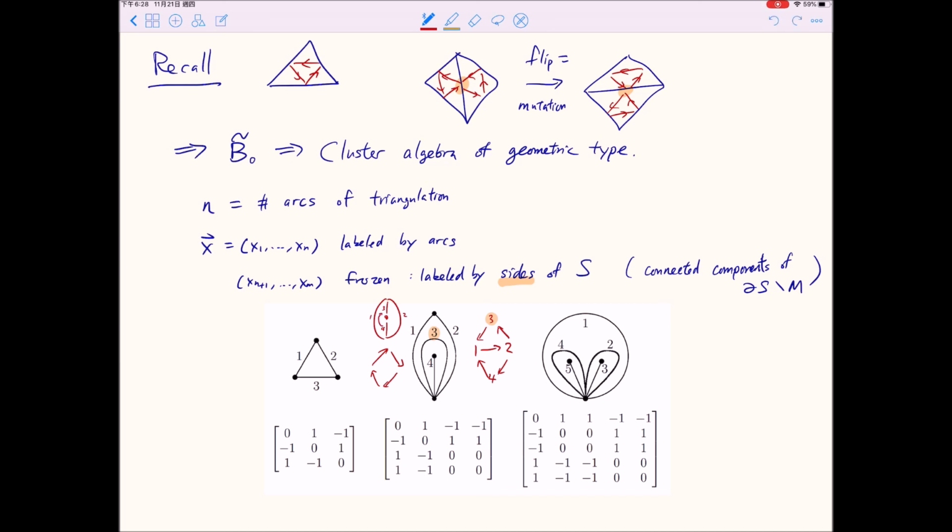So you are only left with this. Or maybe I flipped the orientation. Yeah, anyway.